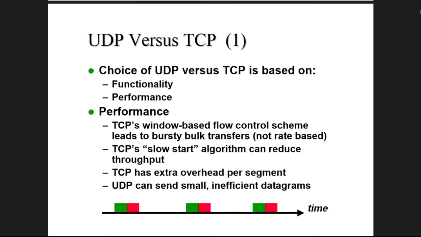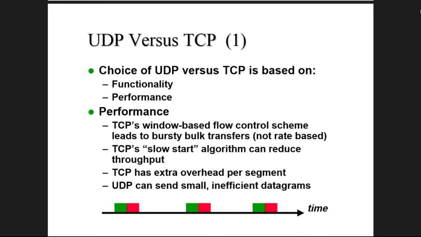And TCP has extra overhead per segment. When TCP sends data, it has extra overhead, because we need a header part that is much more informative. So per segment there is overhead. But in case of UDP, it can send small datagrams efficiently.